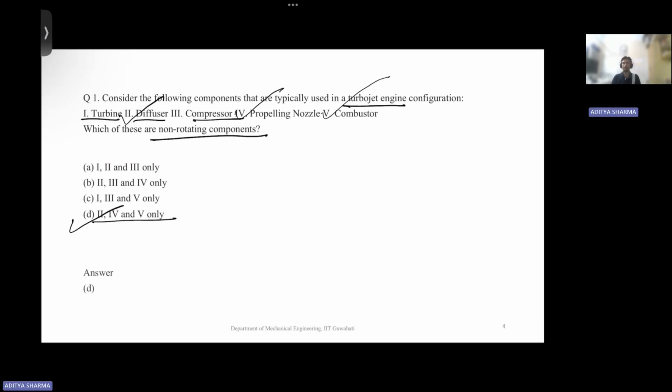Okay, so D is the correct answer to this question. Then we'll move on to the next question.